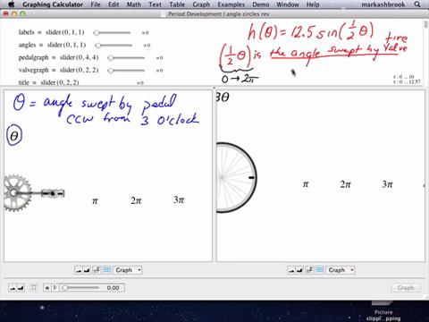So when 1/2 theta reaches 2 pi, that tire valve's made it all the way around. What does the pedal need to do so the tire valve makes it all the way around? 4 pi. We need 2 rotations of the pedal, or 4 pi, to get 1.